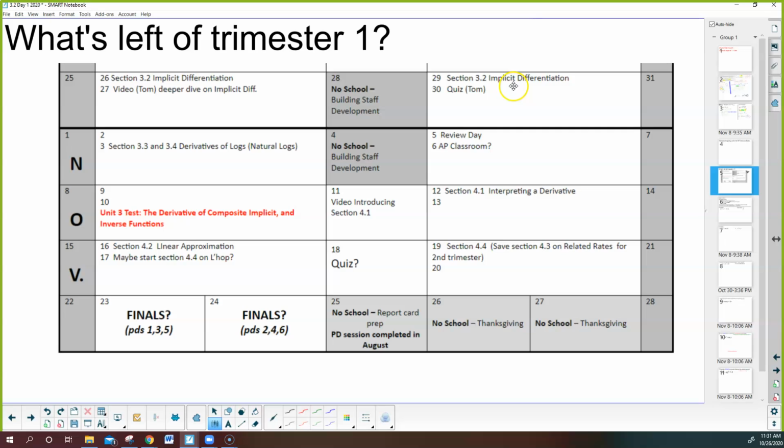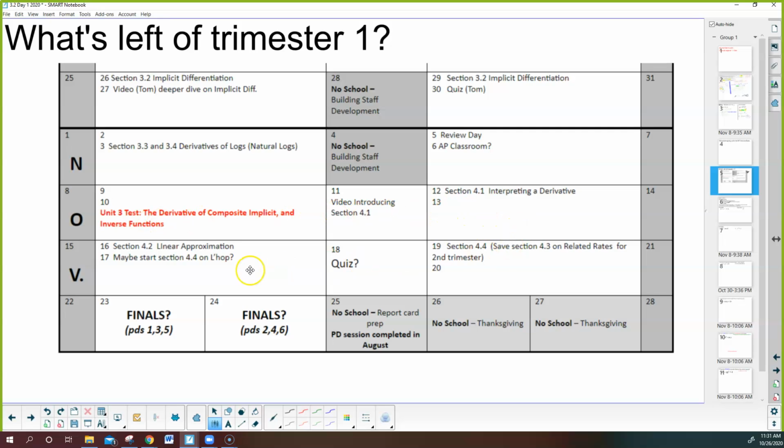We're going to do 3.2 on both days, so we're spending 2 big full days on implicit differentiation. And then we've got one section, kind of two left over, derivatives of logs and inverses. And then we're going to do a review, and your test will be on November 9th or 10th, depending on what day you have it.